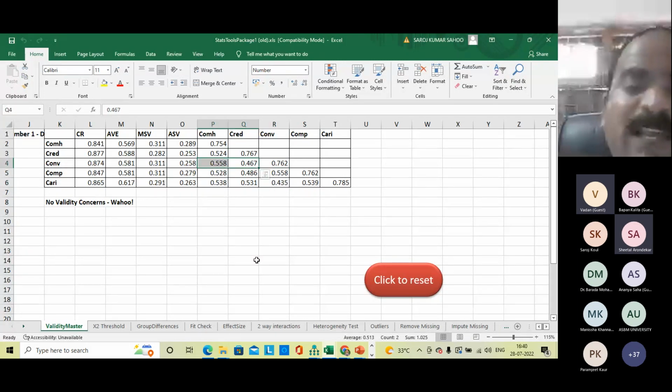These four values must be less than 0.762 in order to prove that the off diagonal values are less than the diagonal value, which is the square root of AVE.